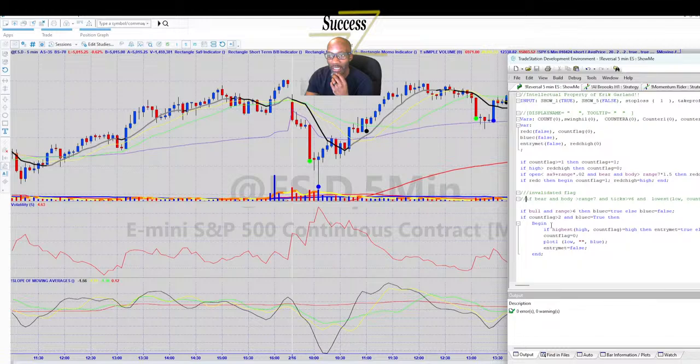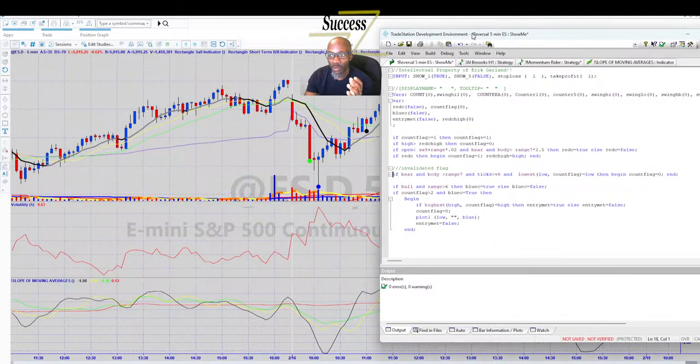If red C, if bull in range 6, if it's a bear and the body is greater than range 7, and the ticks is greater than V6, well, tell you what we can do.